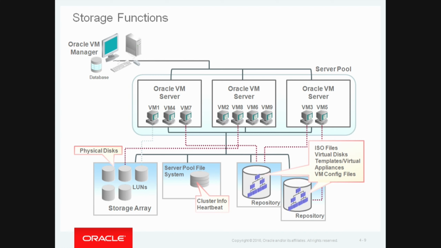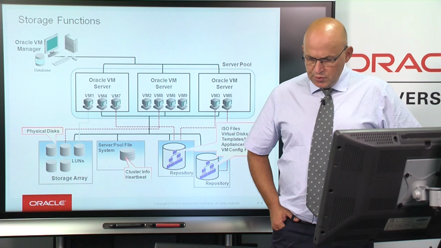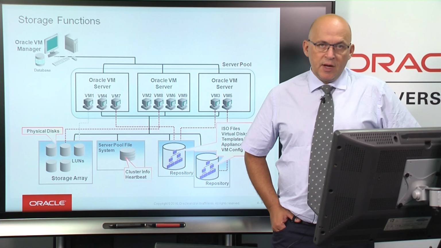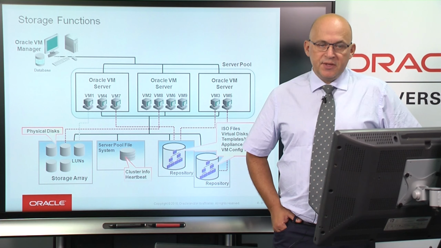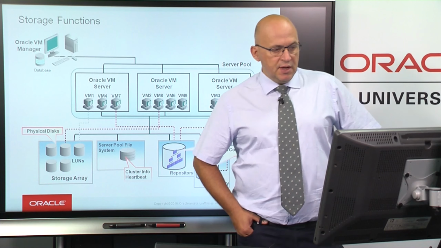So in this slide, we have a server pool consisting of several servers. This server pool is configured to use several repositories. In the repositories, we are storing, as you can see here, ISO files, virtual disks, templates, assemblies, appliances, and VM configuration files.